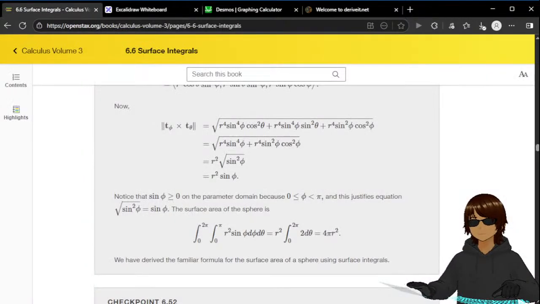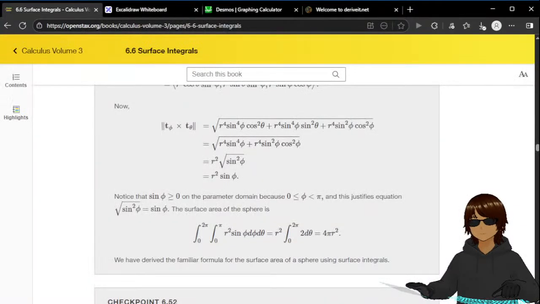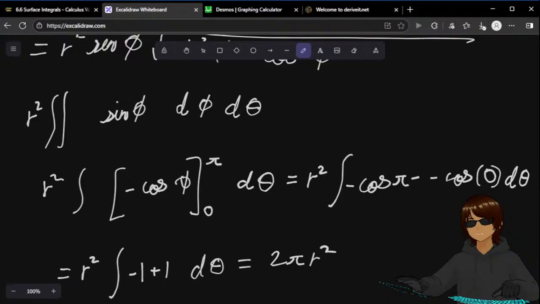Then from 0 to pi, integral of sine is minus cos, right? Derivative of cos is minus sine. Integral of sine is cos. Yeah, that's correct.